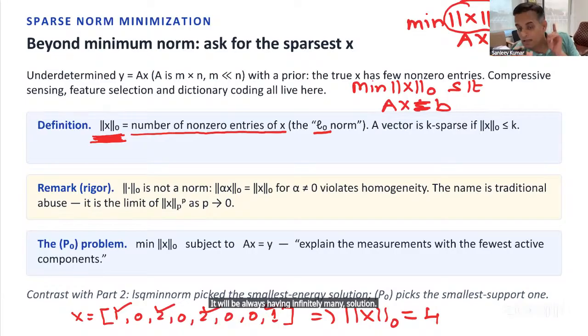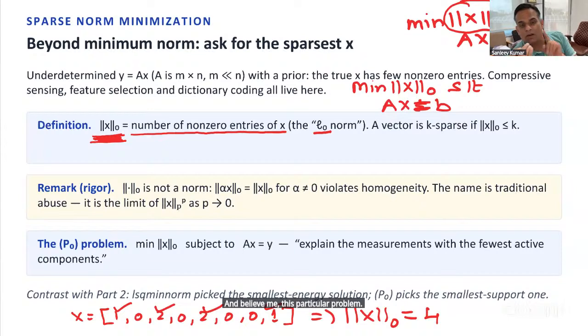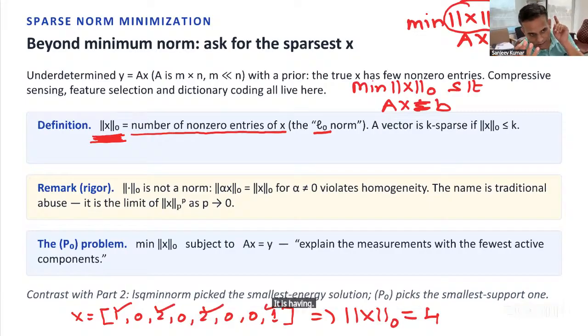Among those, I want the solution with the minimum zero norm, the minimum number of non-zero entries. Believe me, this problem has a lot of applications in AI, like dictionary learning, compressive sensing and many more.